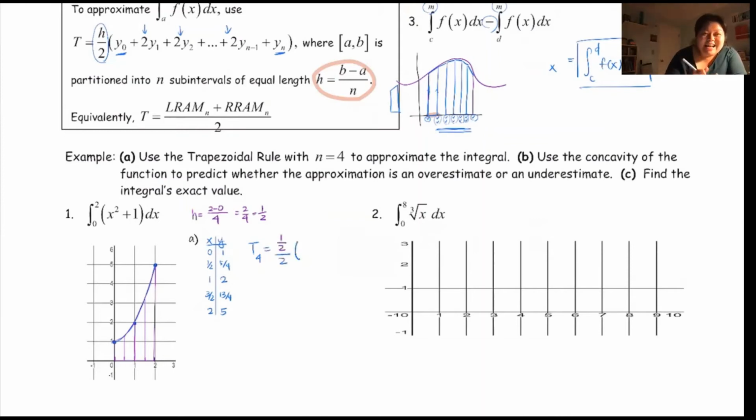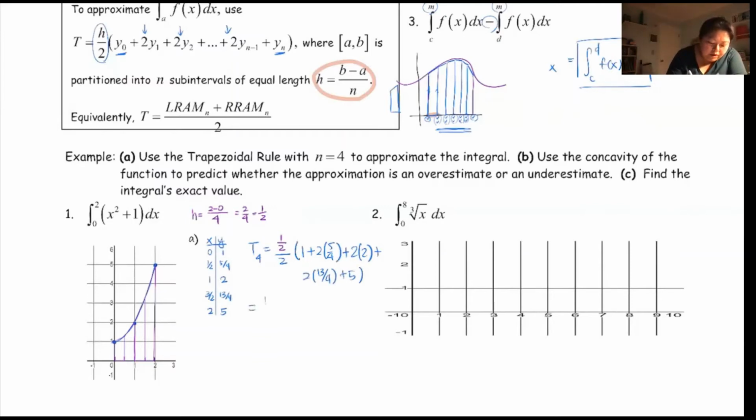And then y naught, meaning the first y value, is 1, plus 2 times the next y value, 5 over 4, plus 2 times the next y value, 2, plus 2 times the next y value, 13 over 4, and then plus a single 5. Okay, remember, only the first and the last don't get doubled. Everybody else gets doubled.